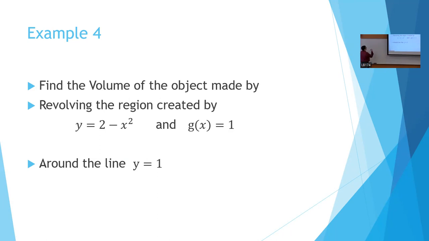Now let's take the region that's created by y equals 2 minus x squared and g of x equals 1.